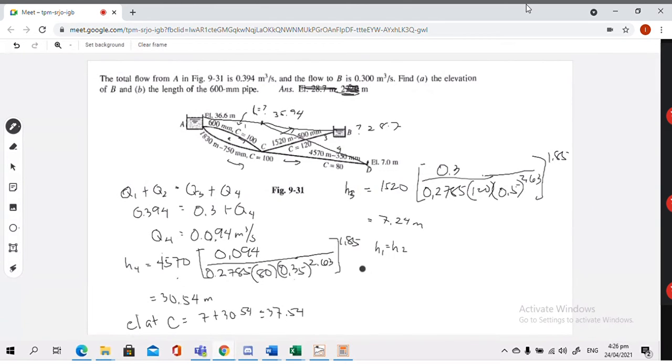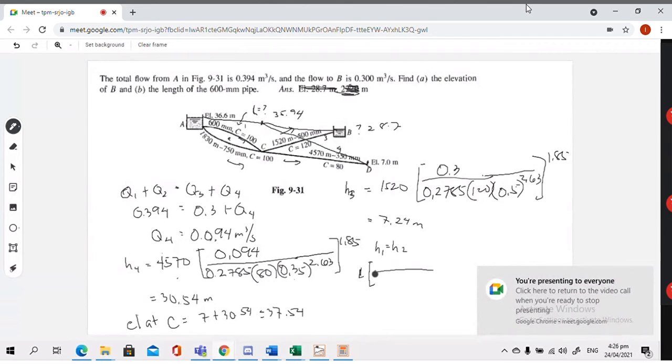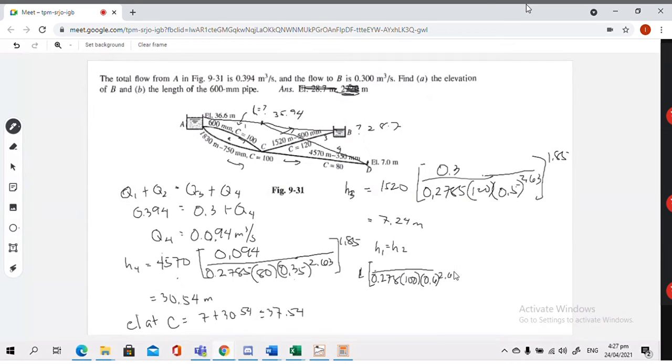Pipe 1 L is the unknown. 0.278, C of 100, D of 0.6 to the 2.63 to the 1.85 is equal to 1,830 times 0.278, C of 100 again, D of 0.75 to the 2.63 to the 1.85.